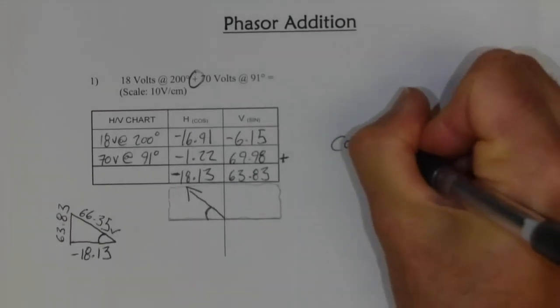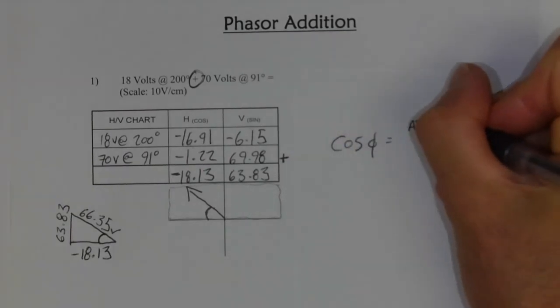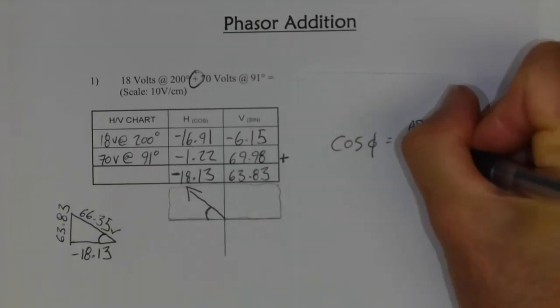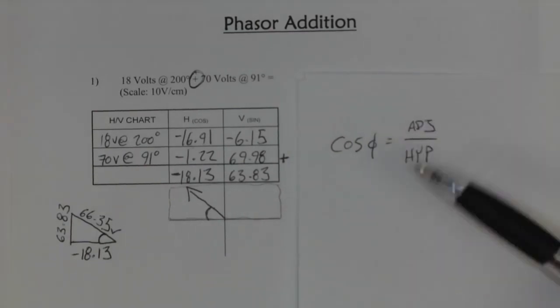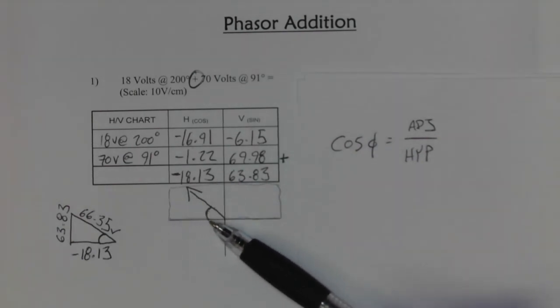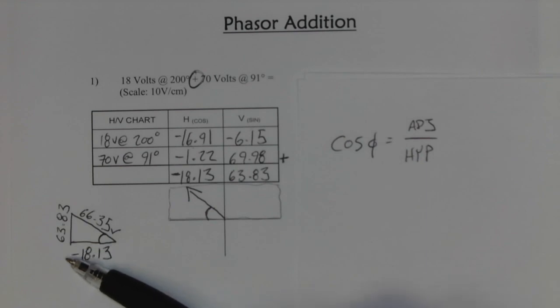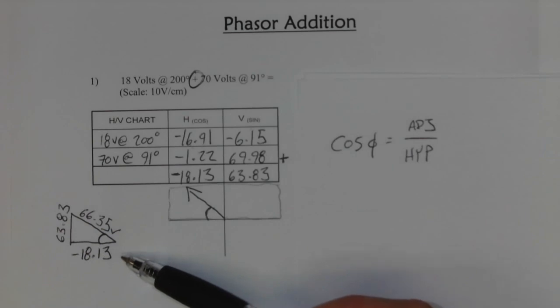I'm just choosing cos, and cos is adjacent over hypotenuse. Because I already know where it is going to be located, I'm going to leave out the negative of this number. I'm going to leave out any sort of polarity indication, and so all I'm going to use is positive numeric values. And that goes the same with every one of the examples on this handout.